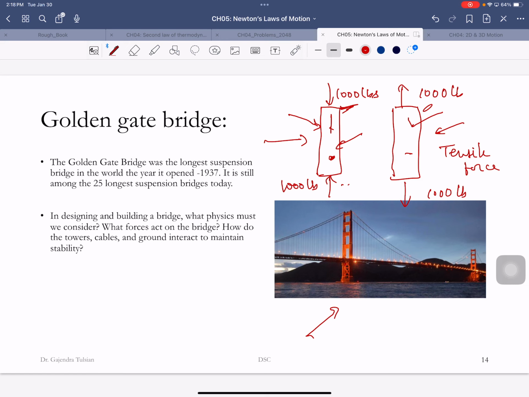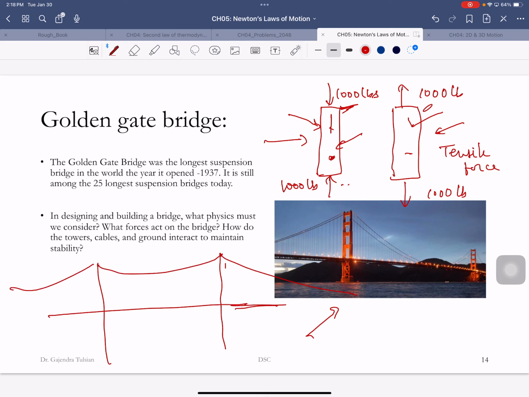So here's the deal. Let's say you've got to support a 100,000-pound force. This is a 100,000-pound weight.